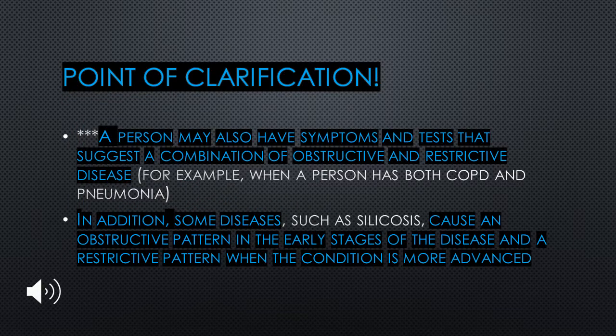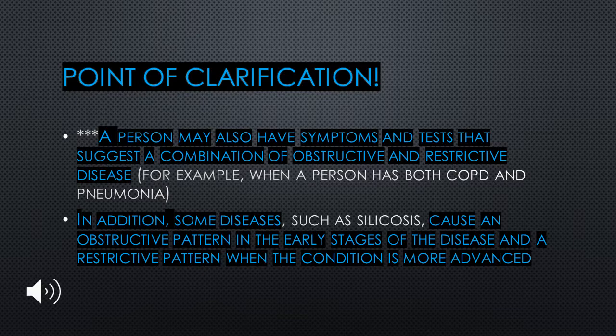Just a point of clarification, because I don't want to oversimplify: you can have both obstructive and restrictive problems, right? And it can go either way. You can start with an obstructive process like COPD, which could then lead to pneumonia, which, if it becomes severe enough, can lead to restrictive problems. If you have enough consolidation, now you lose that pliability, and you can't expand your lungs as well as you normally would.